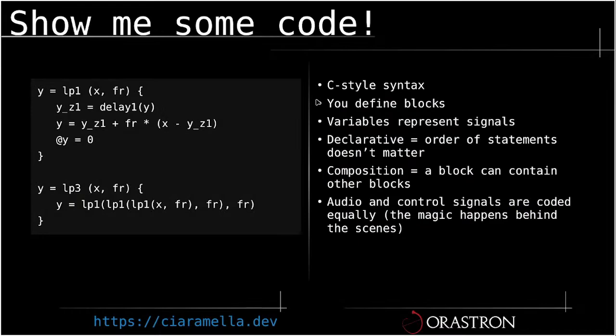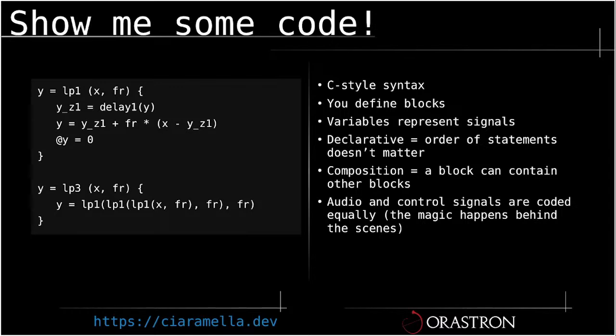So yes, we can go into the code now. We were saying it is easy, and we think it actually is. The syntax is very similar to C, or better, similar to MATLAB maybe. So the idea is that you code blocks, like in a graph.